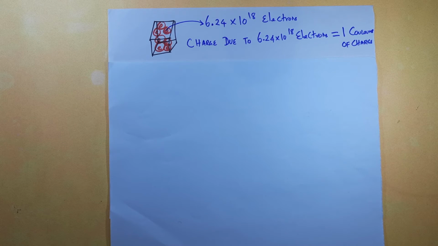The charge due to this number of electrons constitutes 1 coulomb of charge. So now I can define the electric current like this. If 1 coulomb of electronic charge crosses a section of a conductor in 1 second, we say 1 ampere of current flows through the conductor.